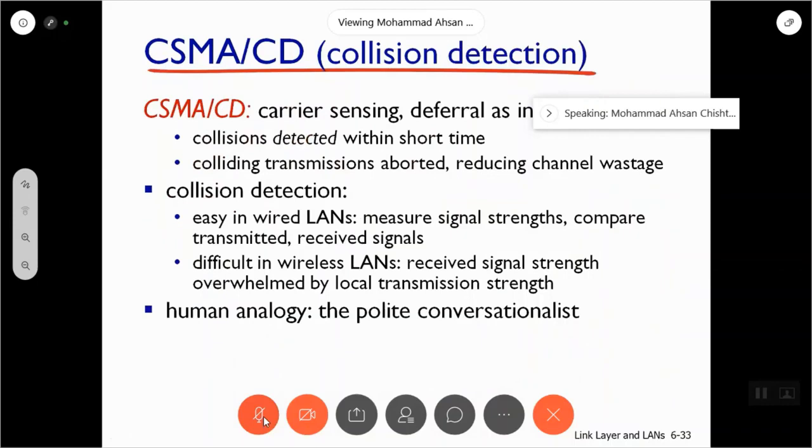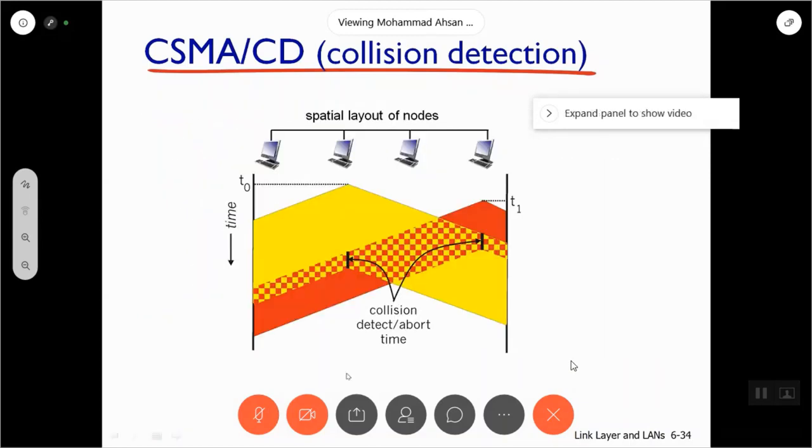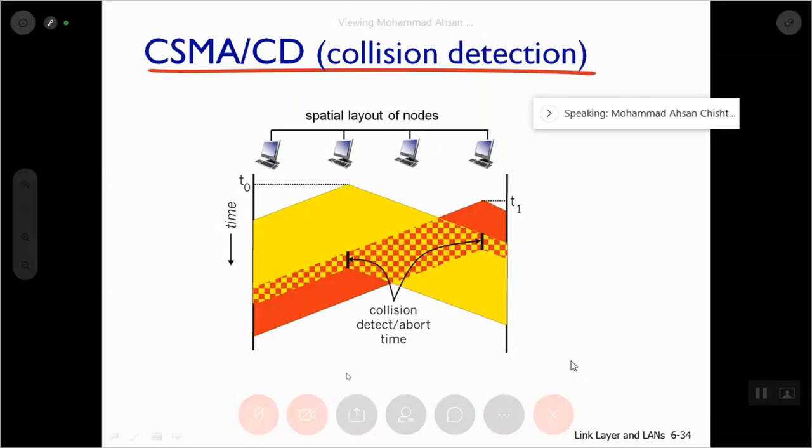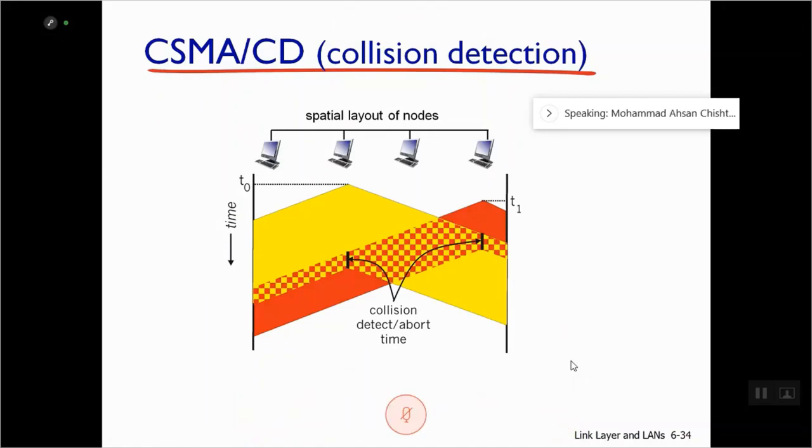The second one that we just now discussed, CSMA/CD, in which we had carrier sensing as well as collision detection. This depicts that.